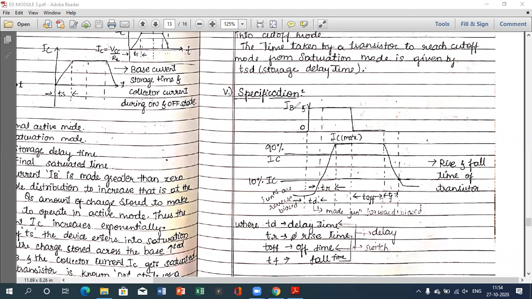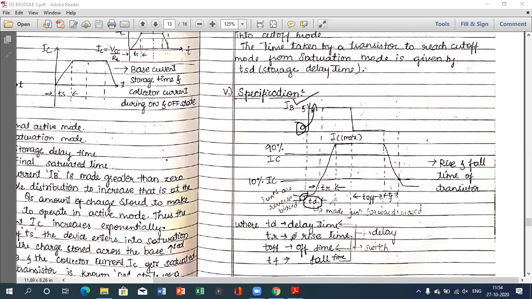Initially, this is the base current, which is at 0. When the base current is at 0, this is the response of collector current. Now when the base current is increased from 0 to 5 volts, the time taken by the base current to increase from 0 to 5 volts we call TD. TD is the delay time.